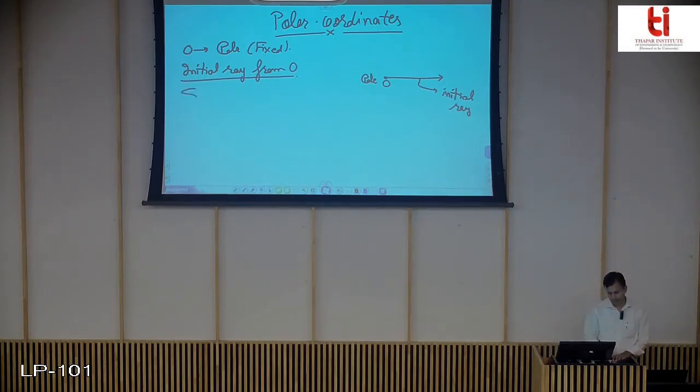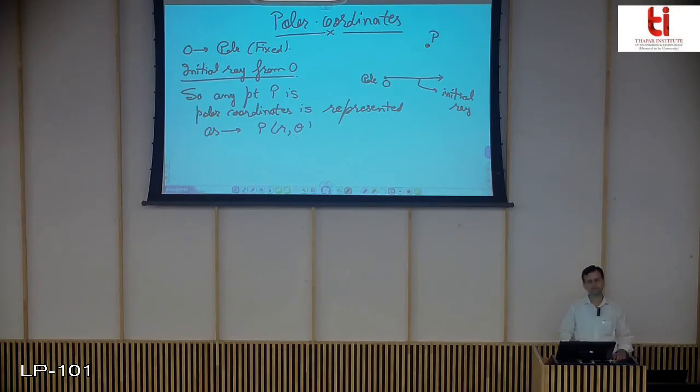So any point P in polar coordinates is represented as P(r, θ). Say you have a point P here, represented as P(r, θ).